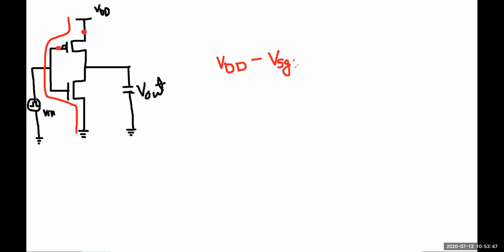This is the PMOSFET, that's why VSGP. Minus, then you have another voltage here. This is the gate, this is the source. So we can call it VGSN, equal to 0. Can we call it? Of course we can, right?